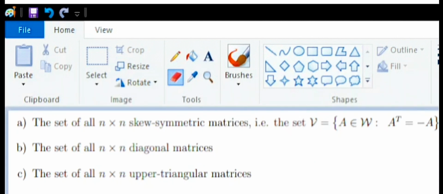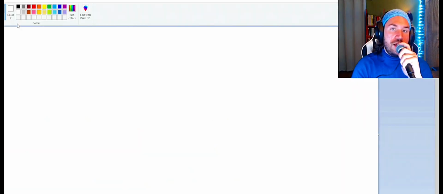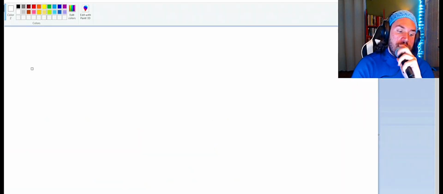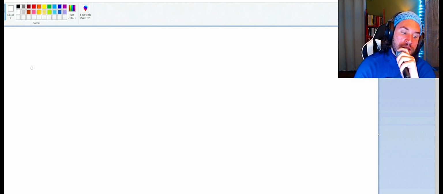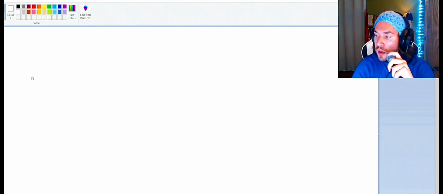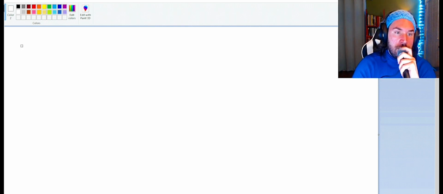I understand why people had questions about this one. So let me try to explain this the best I can. Vector space V is defined as all matrices A that exist within M_n such that the transpose of A is equal to negative A. If you don't know what that means, I can go ahead and draw that out for you. So we're doing B right now.